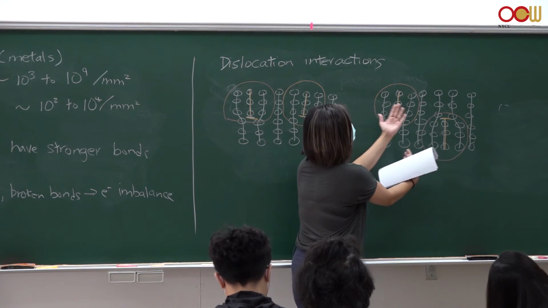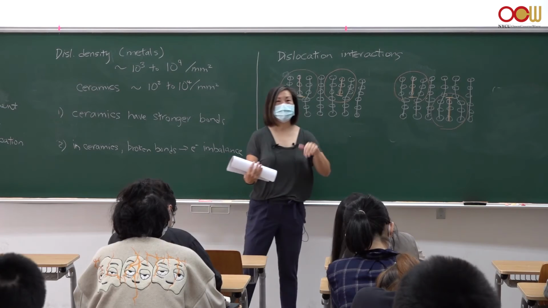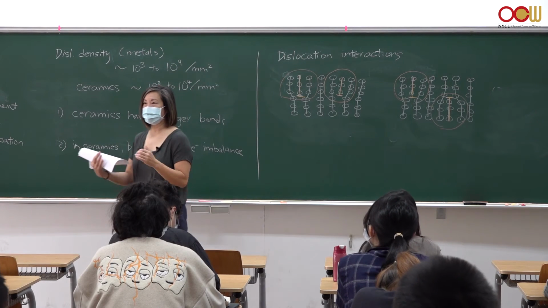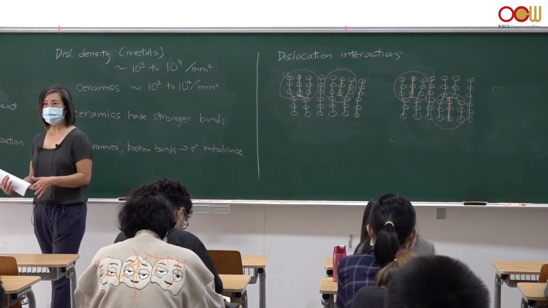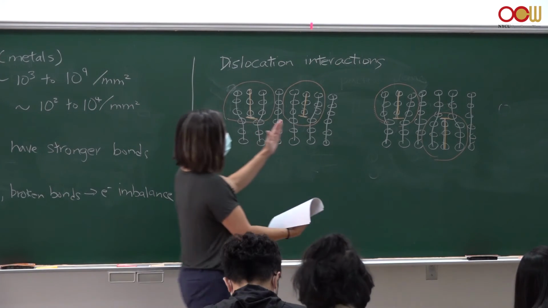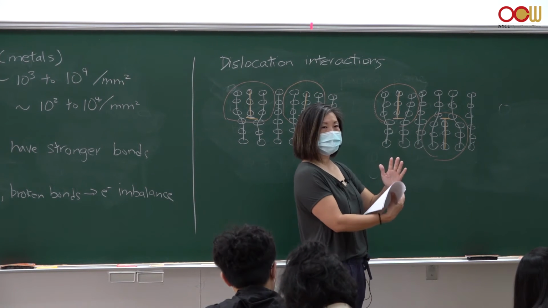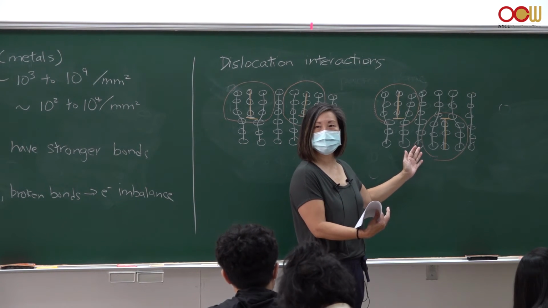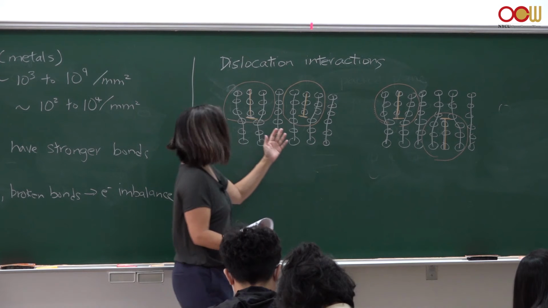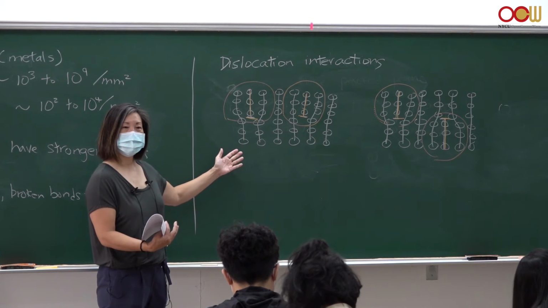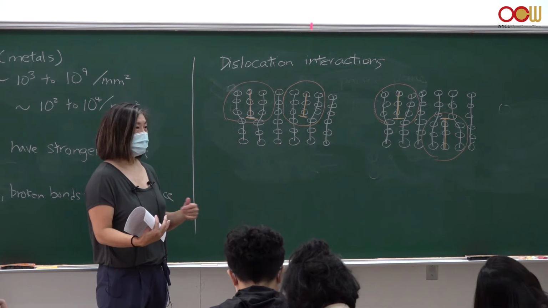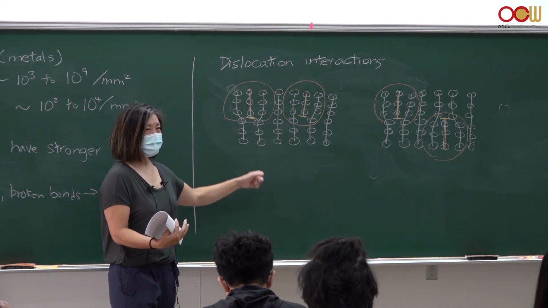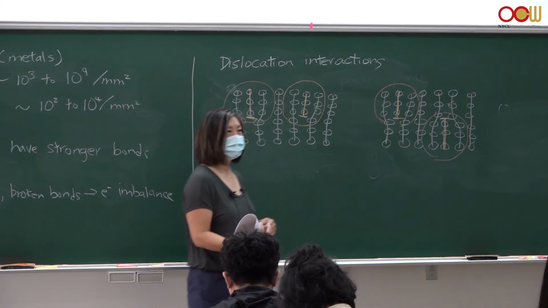They want to be together because then they will actually reduce the amount of strain within the crystal structure. So remember, all systems want to go to the lowest energy state possible. By moving these two dislocations near each other, you're reducing the overall energy state of the material. By moving these two dislocations next to each other, you're actually increasing the overall energy state of the material. So this is difficult to make happen. This is easier to make happen.